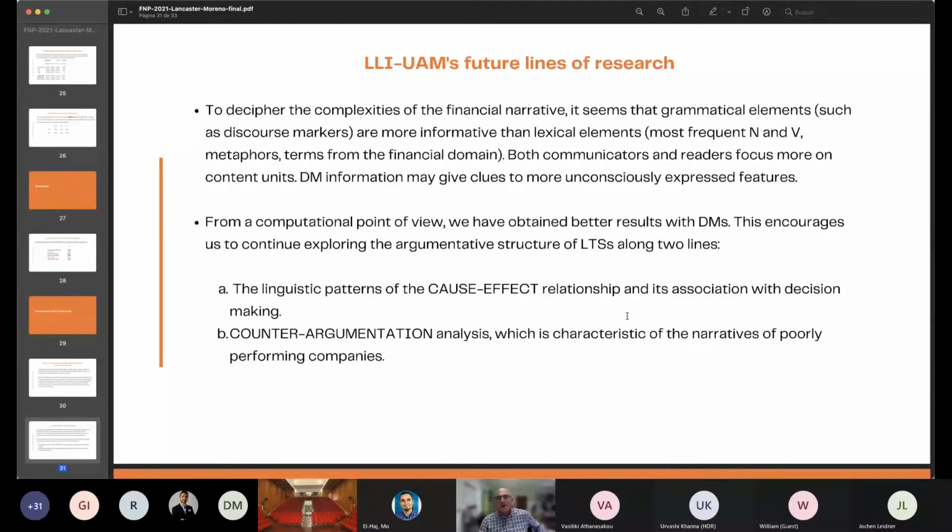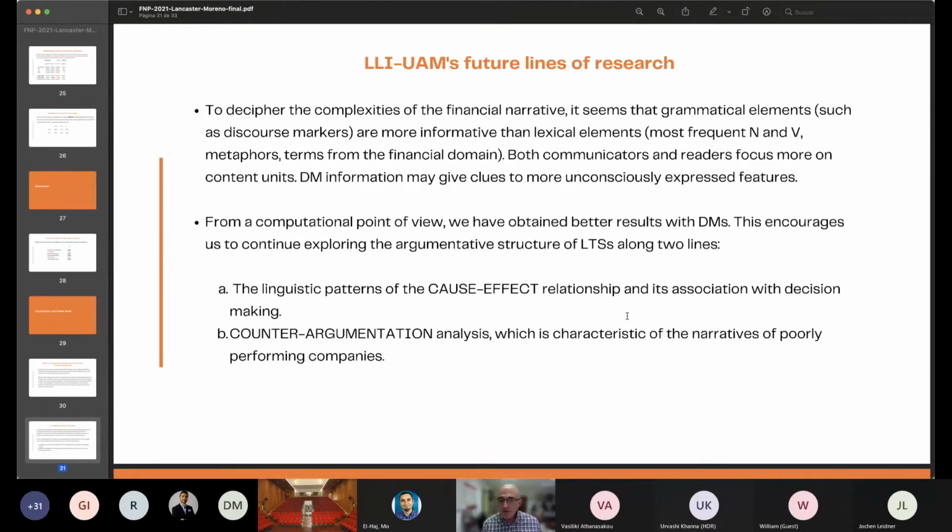To decipher the complexity of the financial narrative, it seems to us that grammatical elements such as discourse markers are more informative than lexical elements, typically the most frequent nouns and verbs, metaphors, terms from the financial domain, because both communicators and readers focus more on content units.